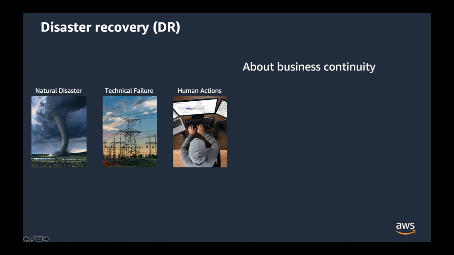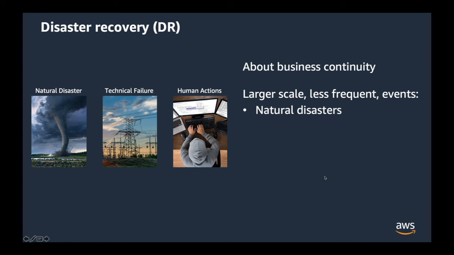But when we talk about DR, we are talking about business continuity, especially in the event of large-scale but less frequent events. So we generally plan for three main categories of disasters. You have those that are natural in nature, such as earthquakes or floods. You have technical failures, right? These can be power failures or even network connectivity issues.